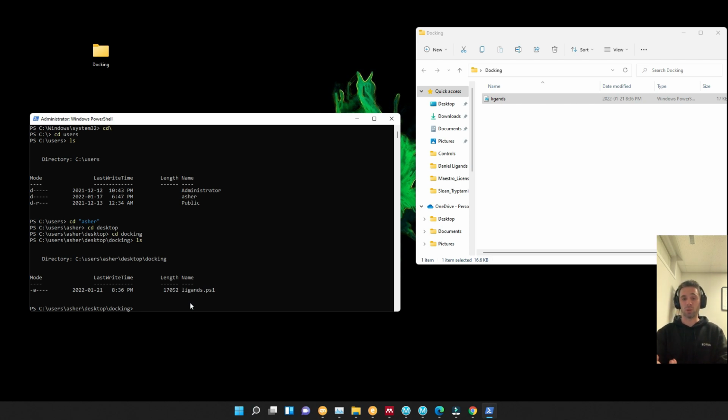To actually start to pull those files in, we need to punch in the following command line: set execution policy, space, unrestricted.